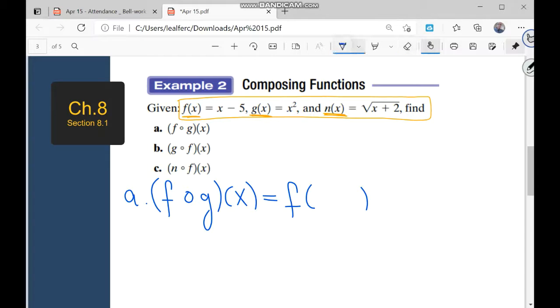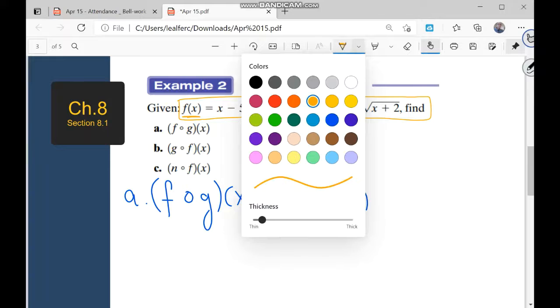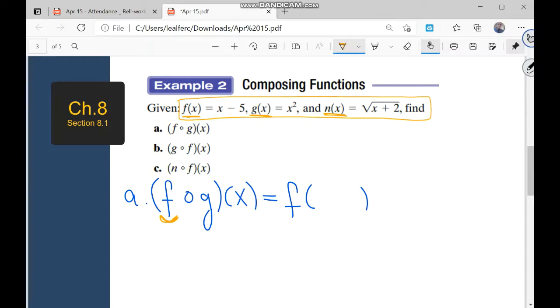So f, the first thing, we are composing f. F of x, what's f of x? F of x equals x minus 5, right? Agreed? But we don't want f of x. We want f of g of x.